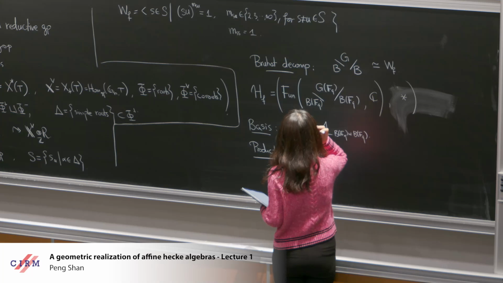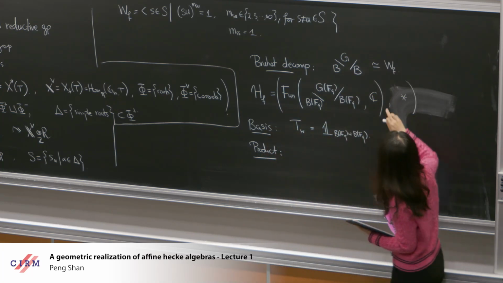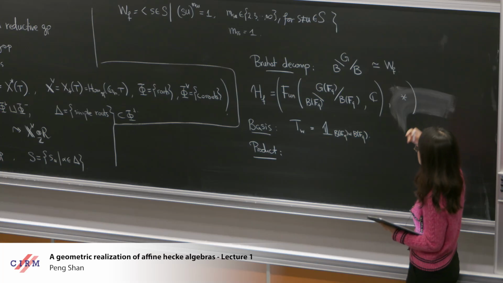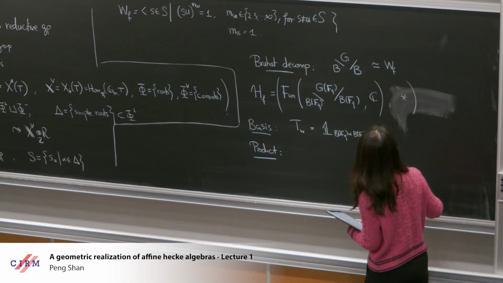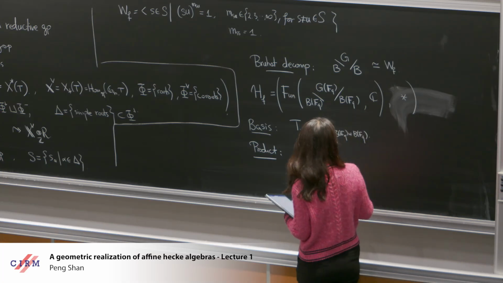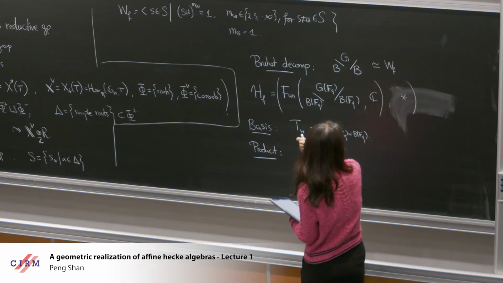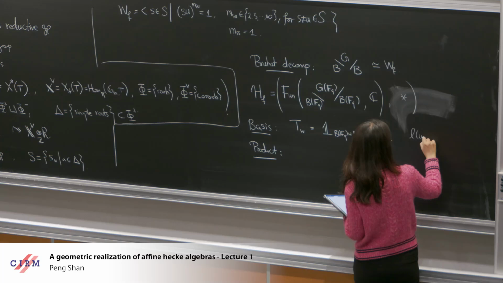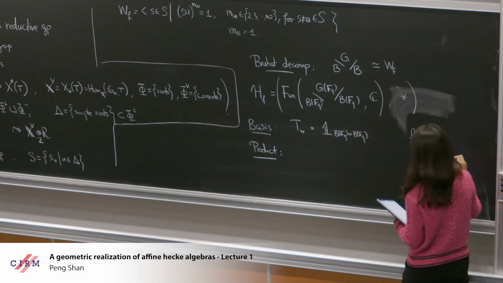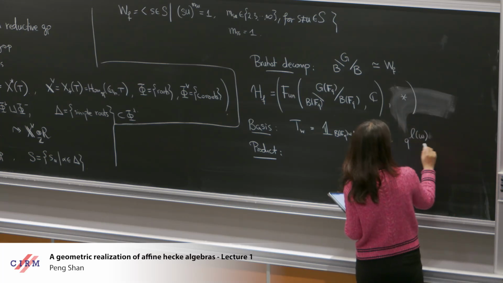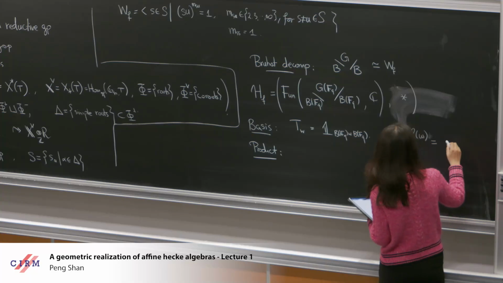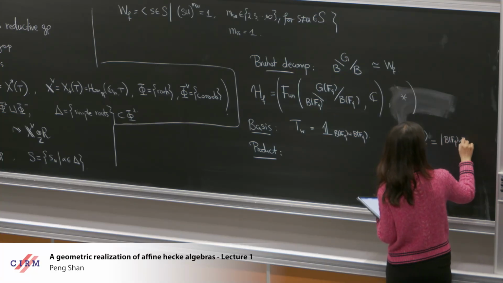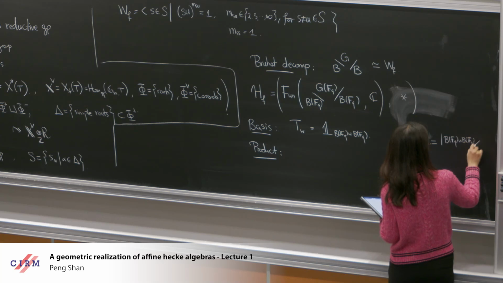The answer is, so there's a notion of length for Coxeter groups. And in this case, there are several ways to express this length. So the length of w is, so q to the power of l(w) is equal to the number of elements in B(F_q) w B(F_q) quotient by B(F_q).